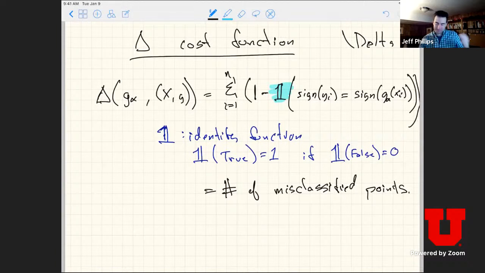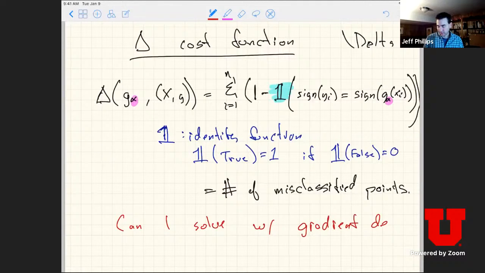If I look at this function, I want to minimize it, and I still have some parameters alpha. These parameters alpha govern whether a point is misclassified or not. Could I run gradient descent on this? So can I solve this with gradient descent?